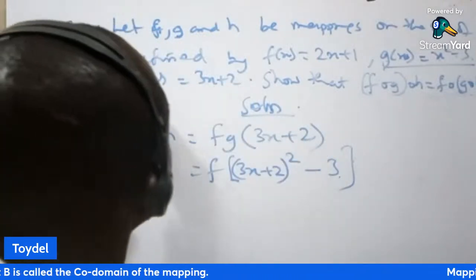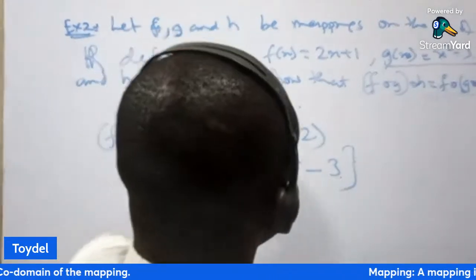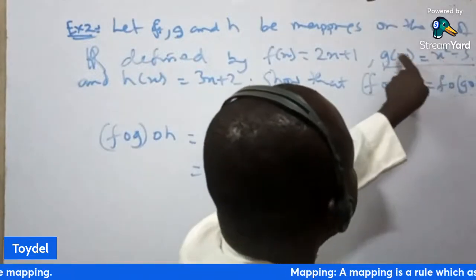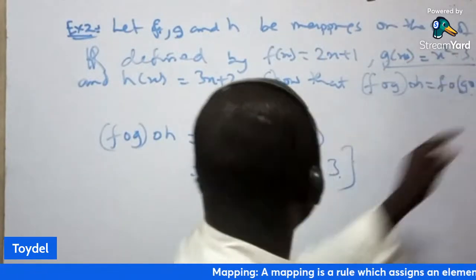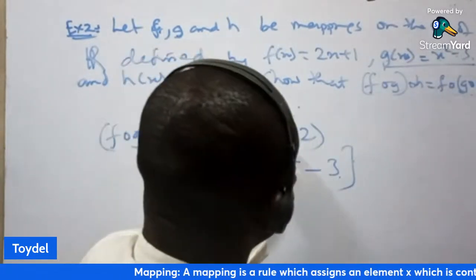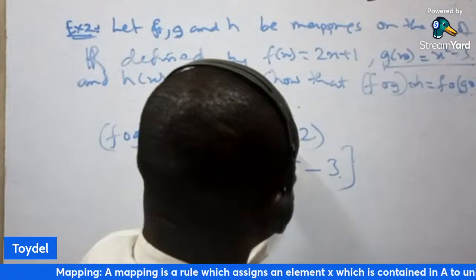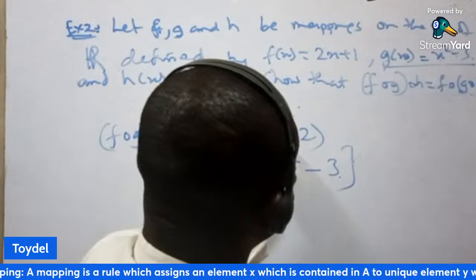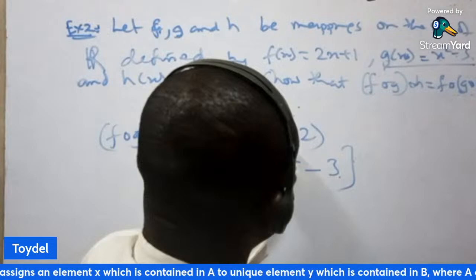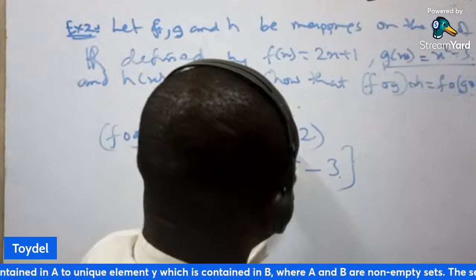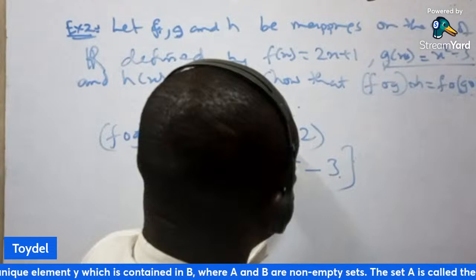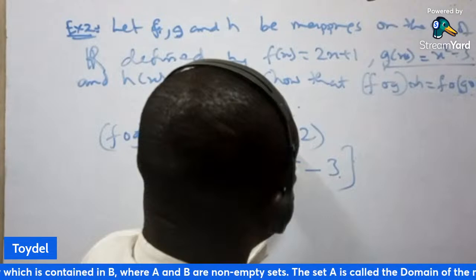That is h. Then when we now relate g on h, we are going to have g of x is x squared minus 3. So g of 3x plus 2 will be 3x plus 2 all squared minus 3.